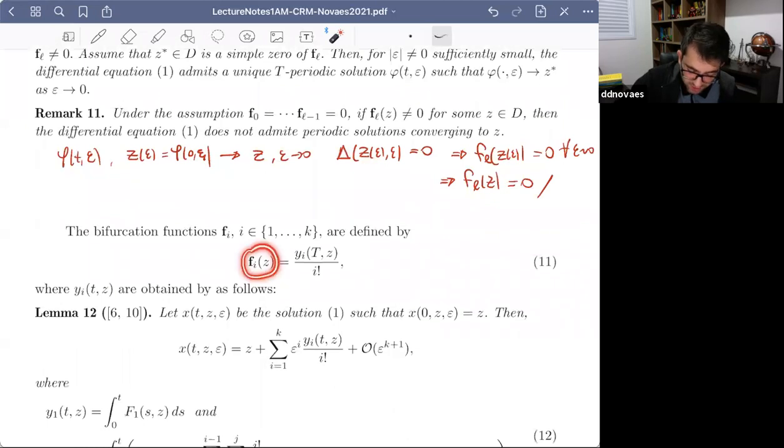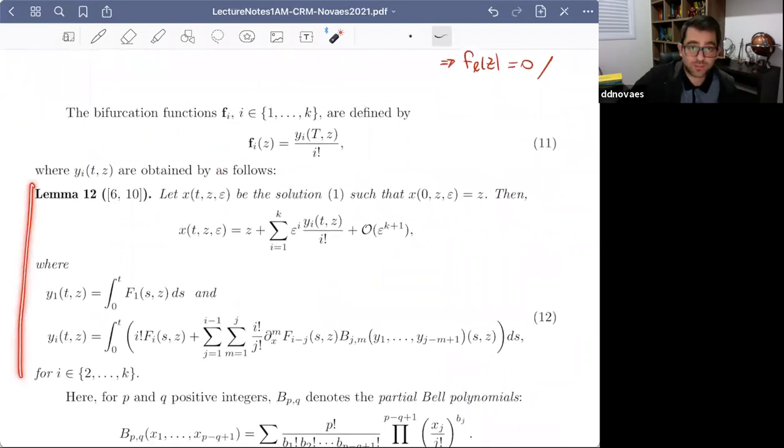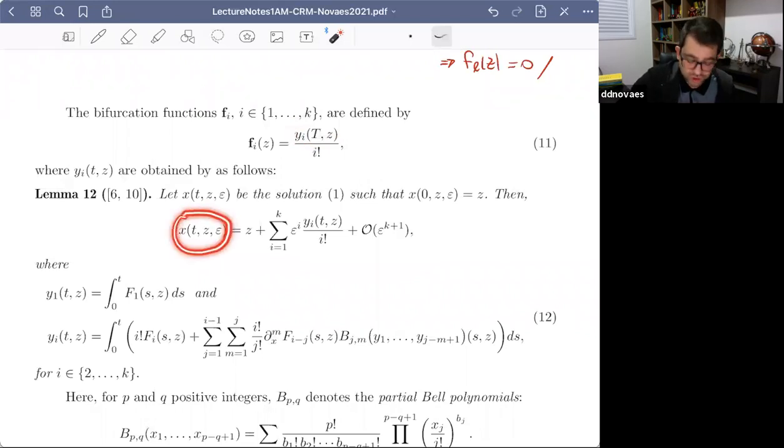Actually, fi of z is equal to a function yi of t z divided by i factorial, where these functions yi are given by the following lemma. Okay, so the idea here is very clear. Those functions are just the coefficients or the derivatives of the solution for epsilon equals 0.